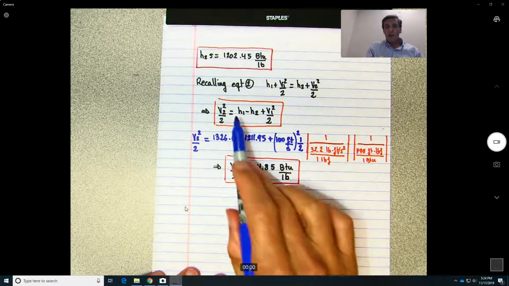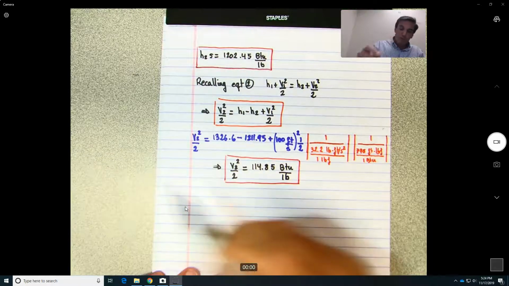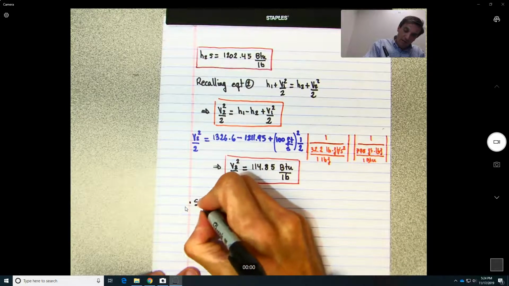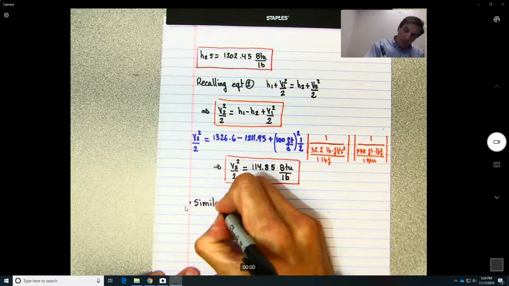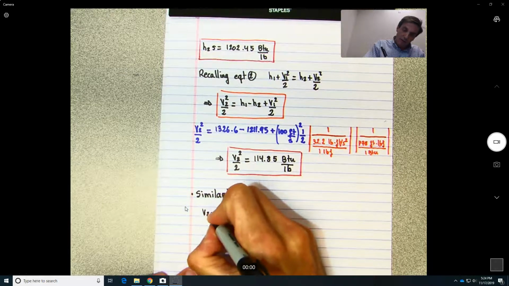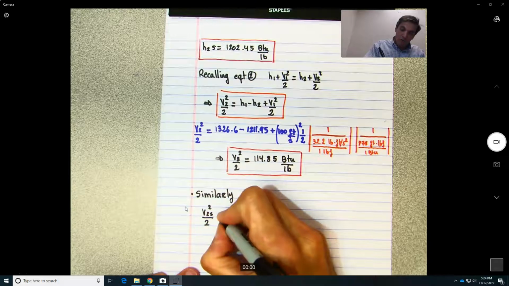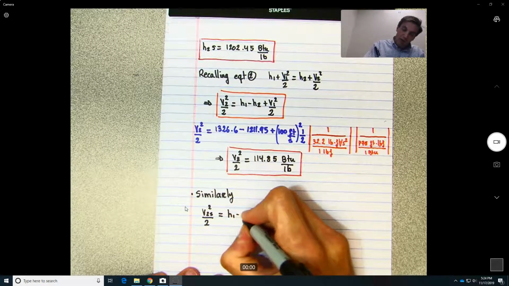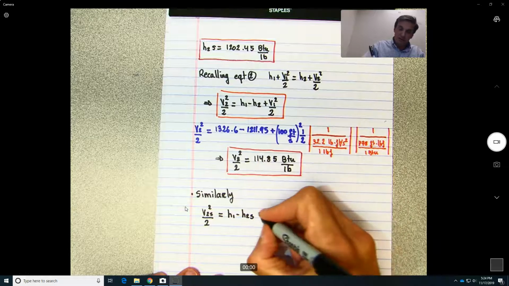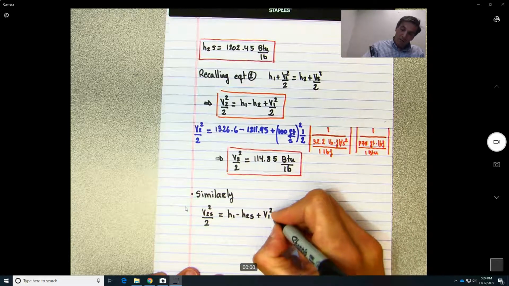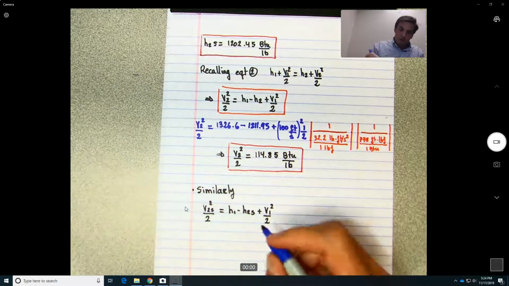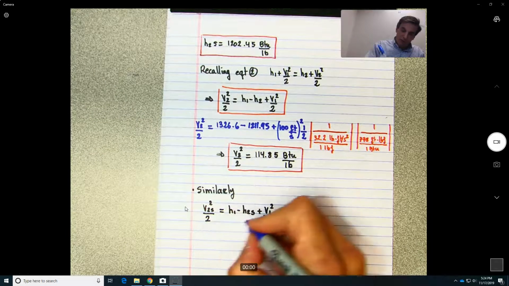Okay, so similarly, looking at that equation, what can we do? You can find that V2S squared over 2 will be equal to H1 minus, this time, H2S instead of H2, plus V1 squared over 2. So if we do the numerical application, what do we get?